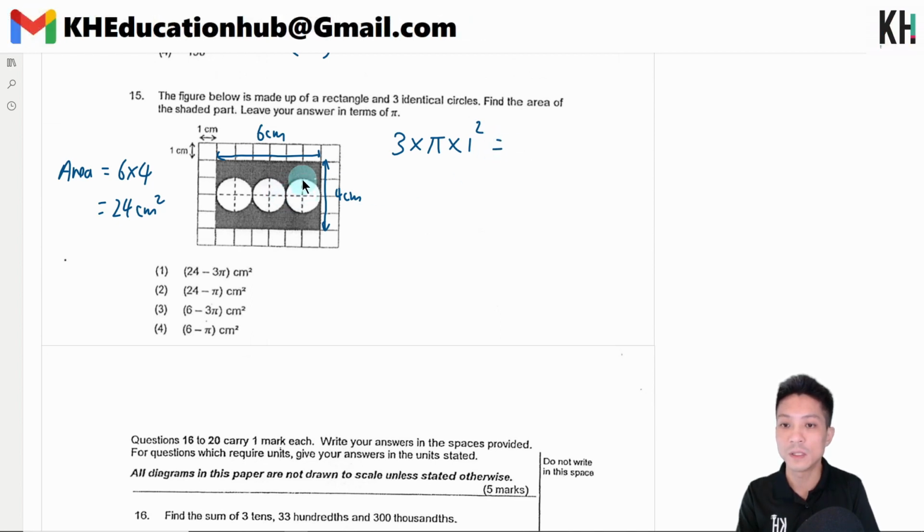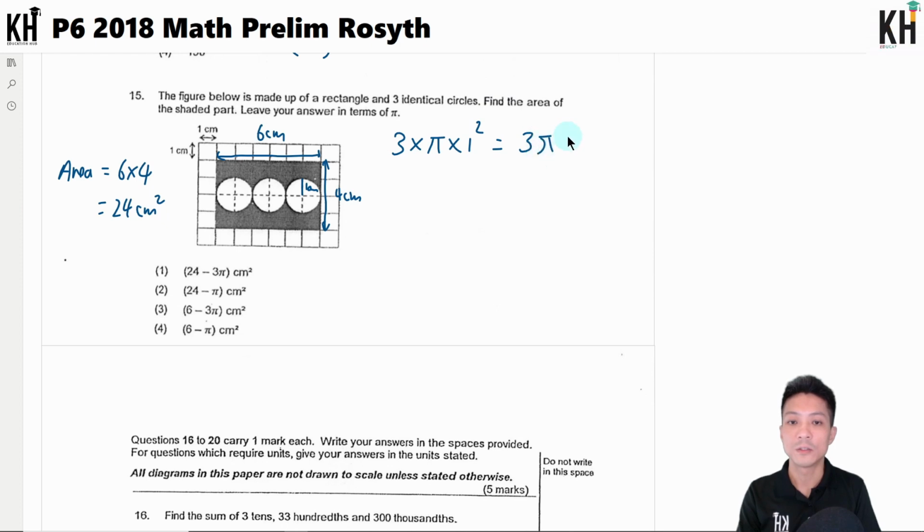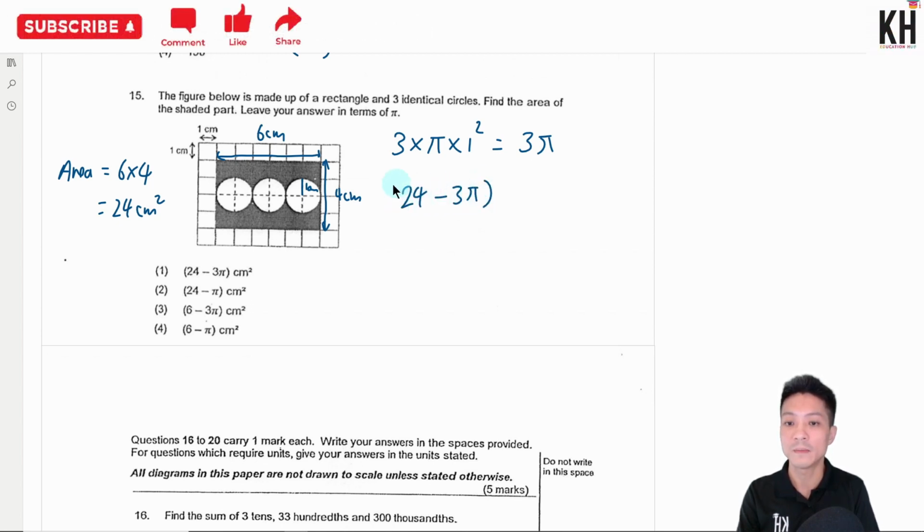Because this is 1 cm. So this will give me 3 pi. That means the answer will be 24 minus 3 pi square cm, which means that the answer is number 1.